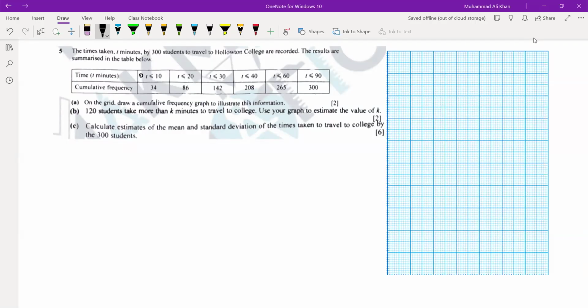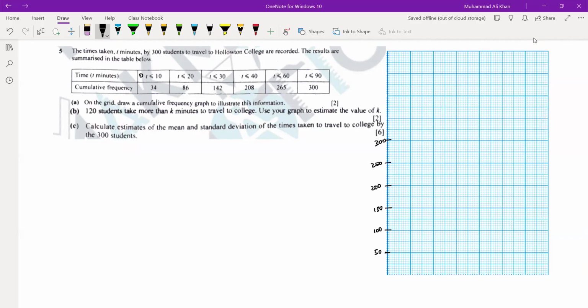So for 300, I'm making the graph like 50, 100, 150, 200, 250, and 300.